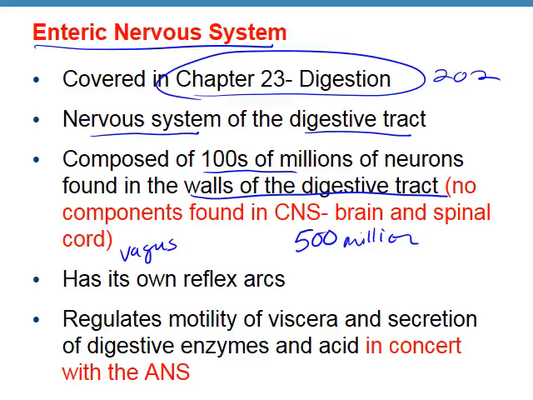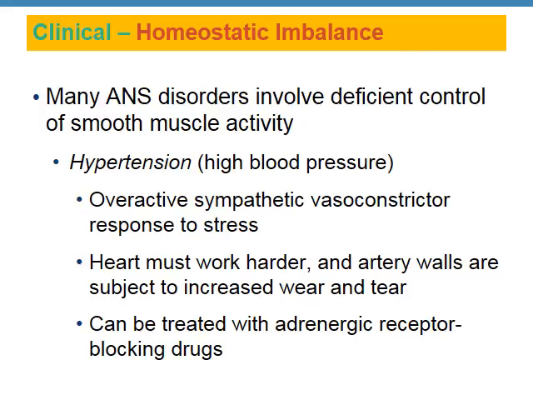Specifically, when the vagus nerve is cut, these enteric neurons still fire, so they don't have a central nervous system component. They have their own reflex arcs, and they're believed to have something to do with the motility of the viscera, the organs, and the secretion of digestive enzymes, and they work in concert with the autonomic nervous system, parasympathetic and sympathetic.